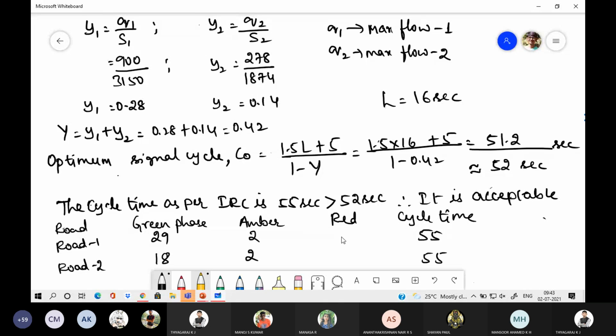So for the remaining, deduct: 55 minus 29, minus 2 for the intergreen period. How much do you get? The signal timing we have already written is 55 seconds.